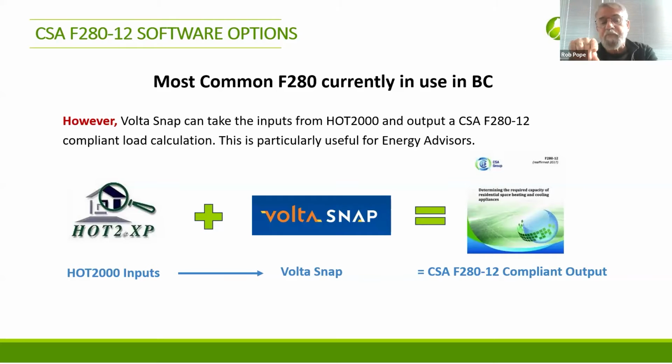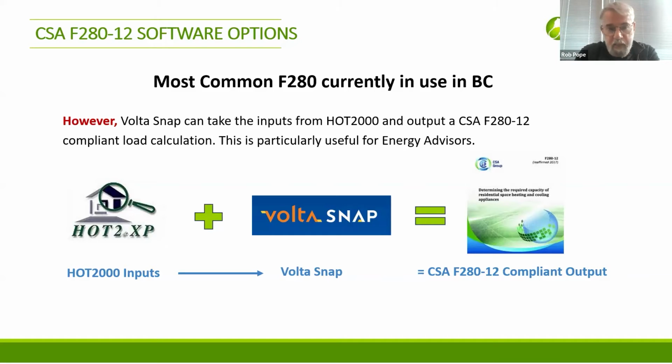What Volta Snap does is it extracts all that critical information it needs, and then it rearranges it so that the output from Volta Snap using the Hot 2000 inputs is CSA F280-12 compliant. So you get a compliant output.